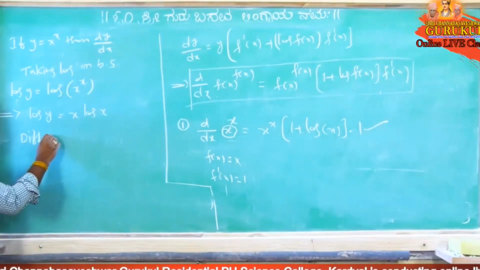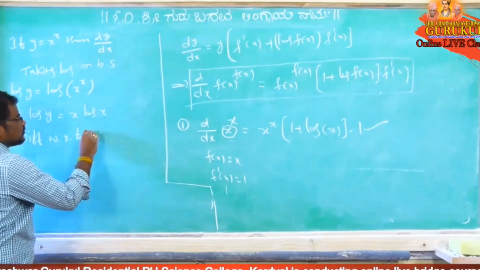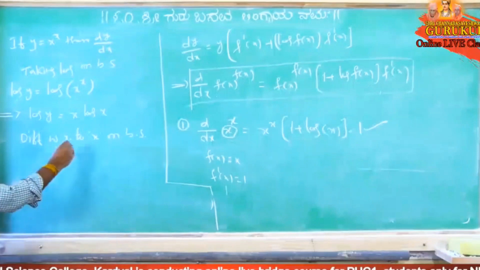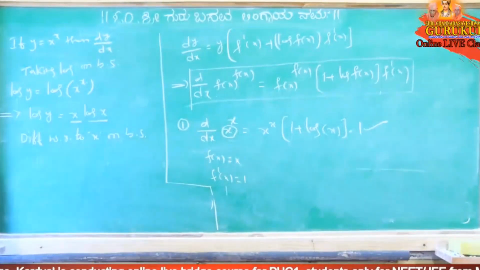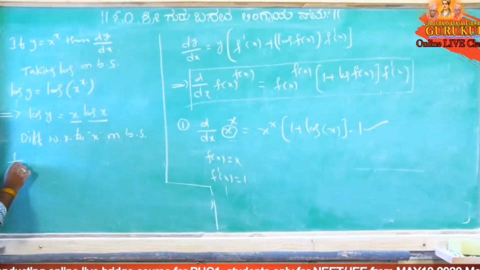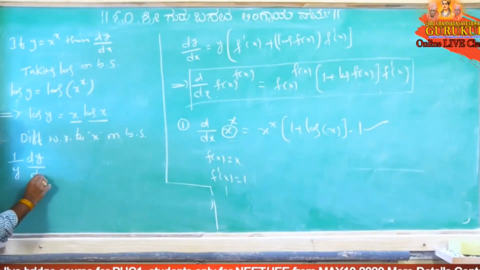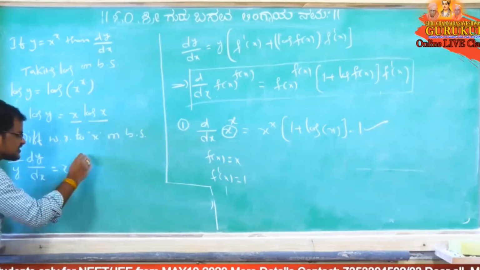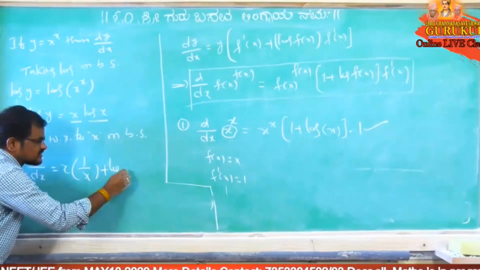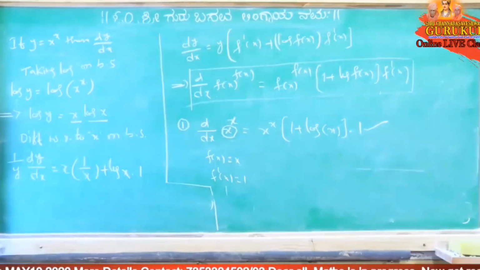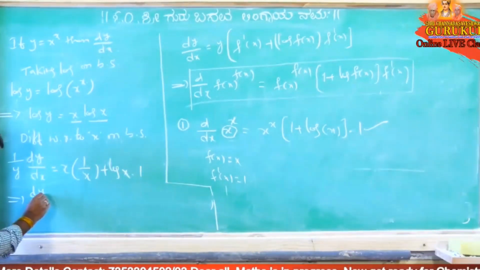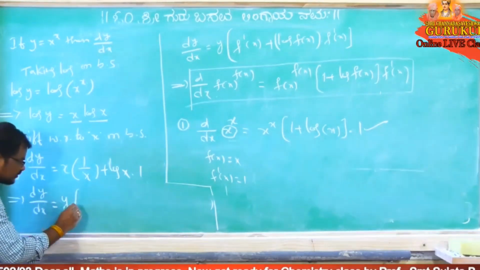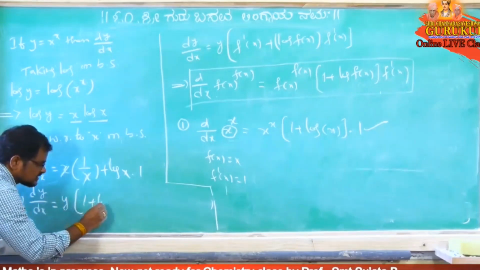Now differentiating with respect to x on both the sides. Here again, which rule? Product rule. Differentiation of log y is 1 by y dy by dx equal to, so x as it is, differentiation of log x is 1 by x, plus log x, differentiation of x is 1. Now that implies dy by dx equals, by cross multiplication, y into, here x gets cancelled, 1 plus log x.